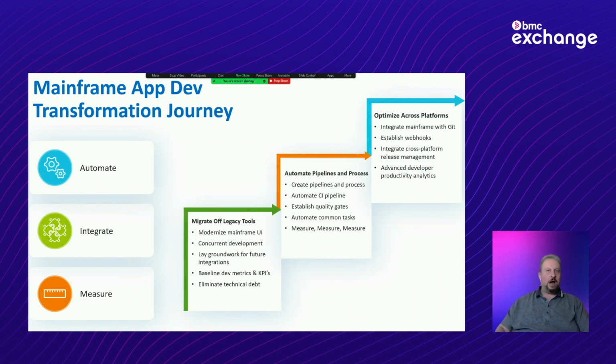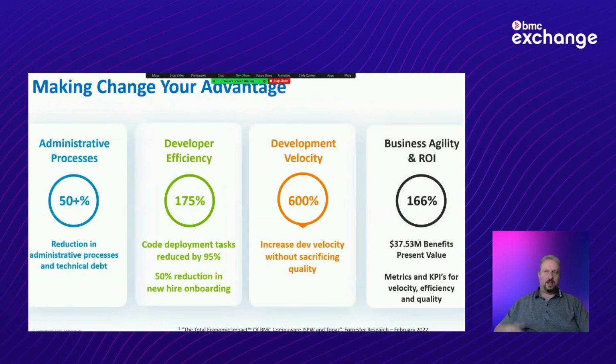So, what was the outcome of all these capabilities and things that we did? We recently partnered with Forrester to do a total economic impact of bringing DevOps to your mainframe.